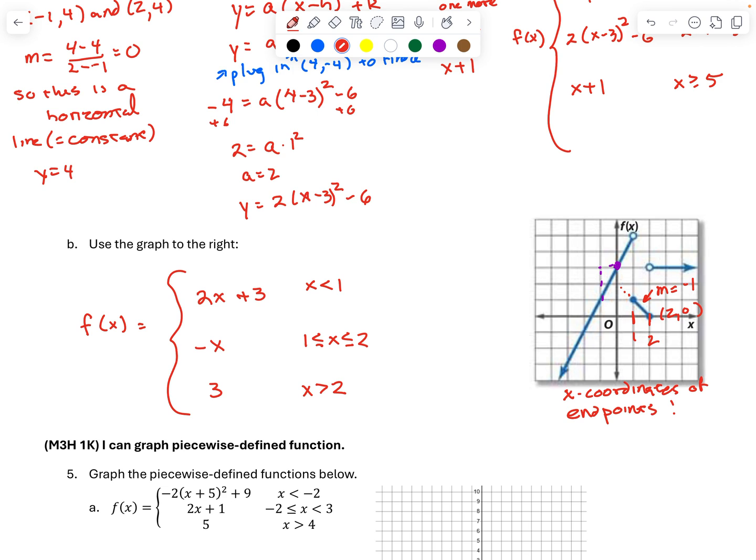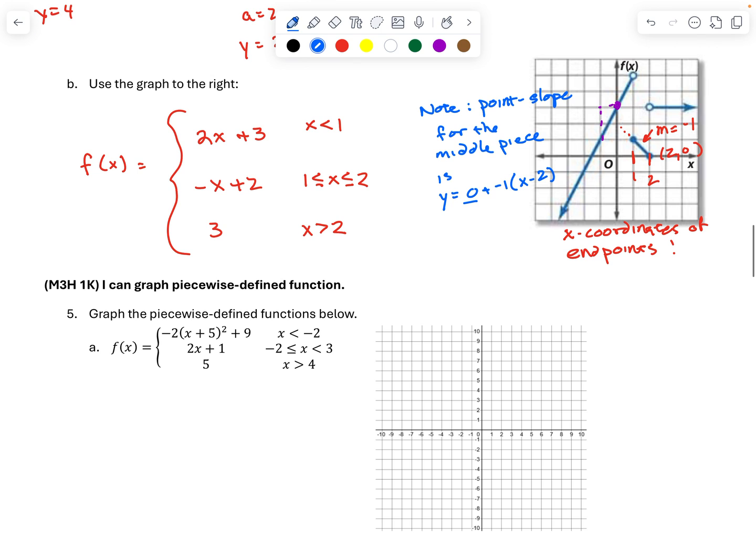So -x plus 2 works. And I'm going to just write a little note. Okay, so you pick one of the 2 points. I said 2, 0. X is 2, y is 0. Fine. If you distribute that, you get -x plus 2 anyways.